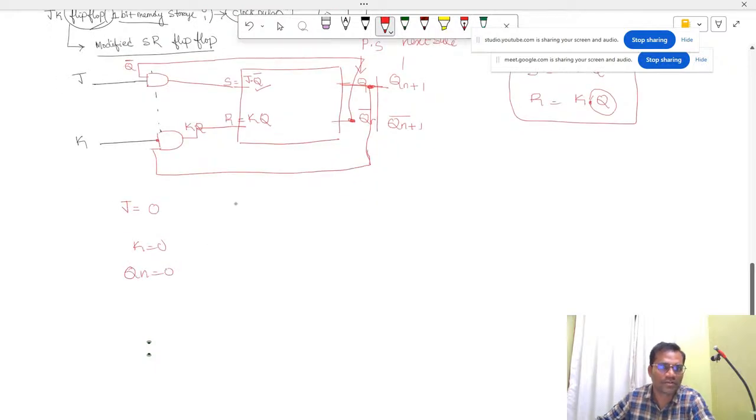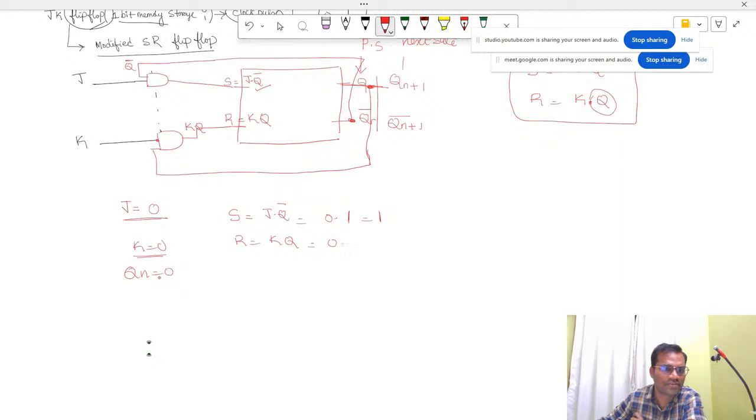Now the value of S is equal to J into Q bar and R is equal to K into Q. What is the value of J given in the question? 0. 0 into Q bar, and Q bar is 1. 0 into 1 is 0. What is the value of K given in the input? 0.